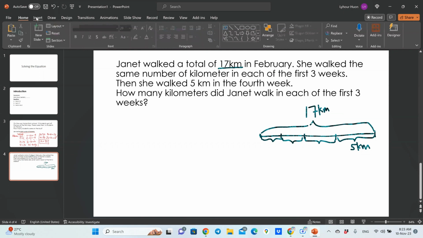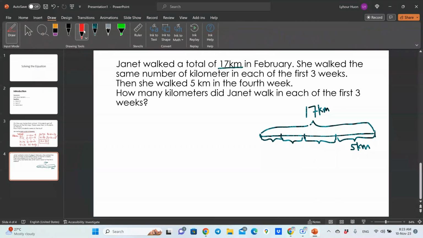I think she walked 4 kilometers for 3 weeks, and then she walked 5 kilometers. Okay, 4 kilometers is your answer. But how do you figure out the 4 kilometers? I did 3, 6, 9, and then I added 5, and that went to about 14.